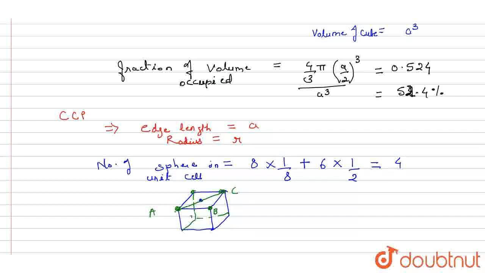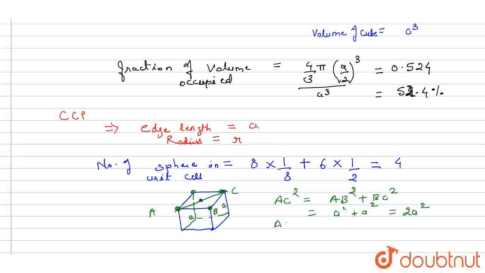As we know, this AB is equal to a and this BC is also a. Now by Pythagoras theorem, AC square is equal to AB square plus BC square. So we get a square plus a square, that is equal to 2a square.